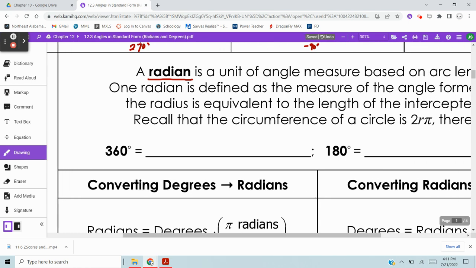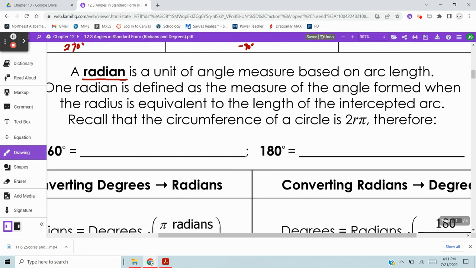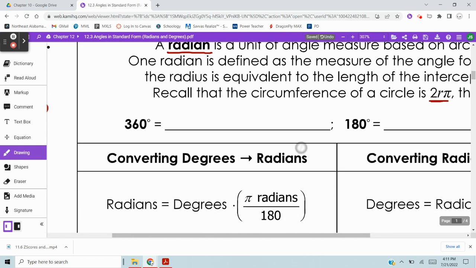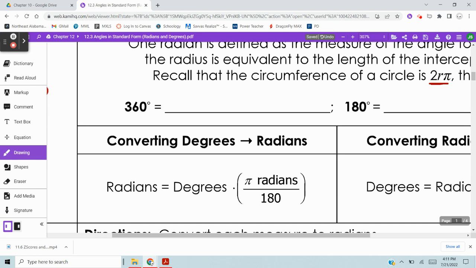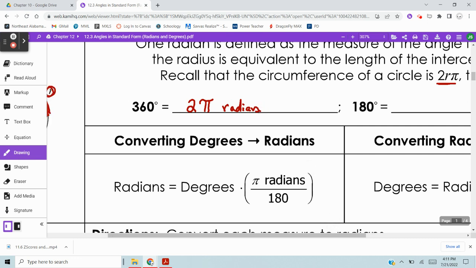Recall that the circumference of a circle is 2 pi r, or 2r times pi. Therefore, we can do this. 360 degrees all the way around. We need to remember this: 360 degrees is going to be the same thing as 2 pi radians. That's going to be one of our conversion factors.